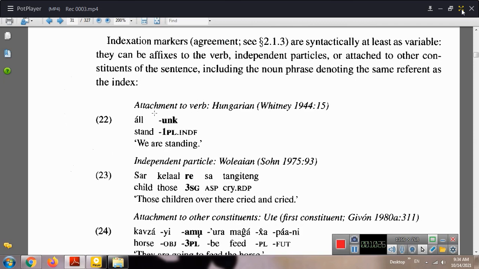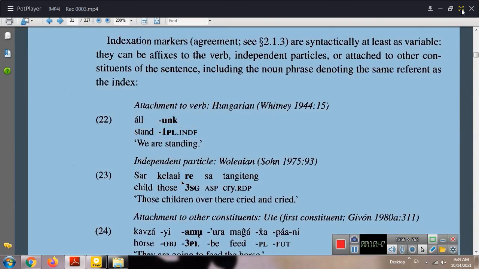For example, attachment to the verb happens in Hungarian, like ank, which shows the first person plural. An independent particle, like here, shows the third person singular.